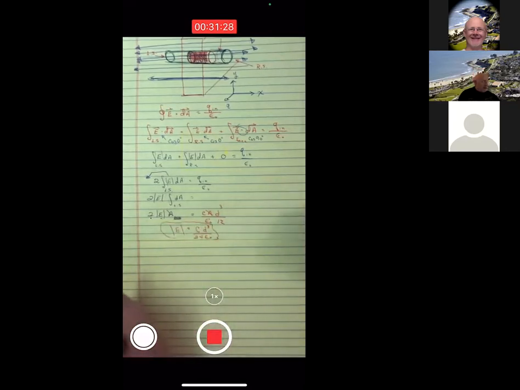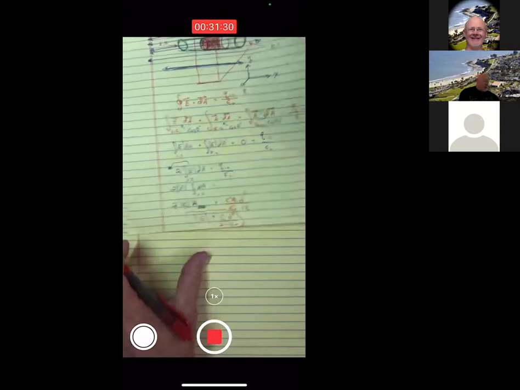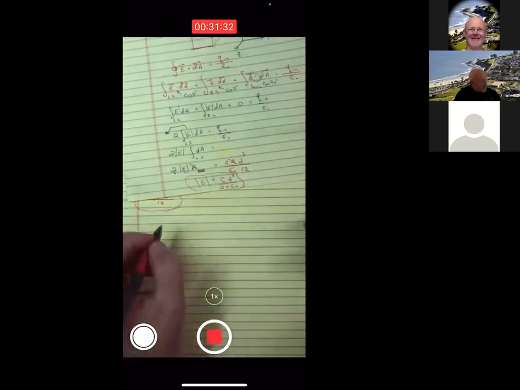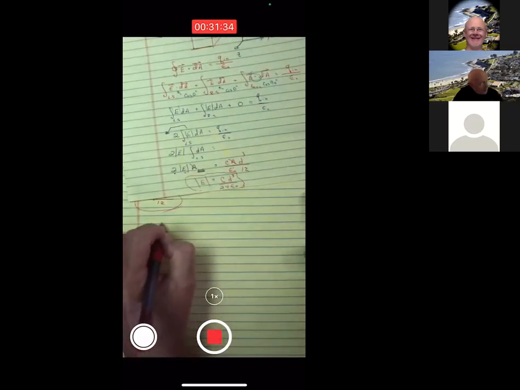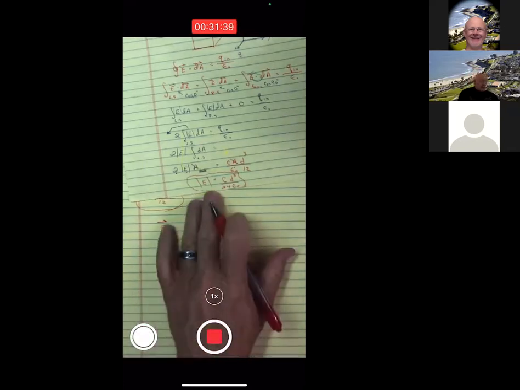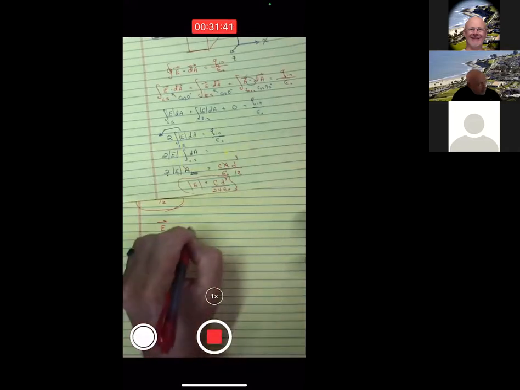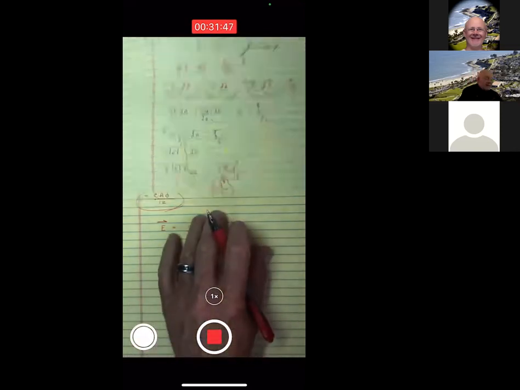So that must be the magnitude. Oh, and maybe even to do better is to get the vector form of it. So, all right, let me go one more step further. And we've got the magnitude. So let me put the C and the D cubed and the 24 and the epsilon naught.